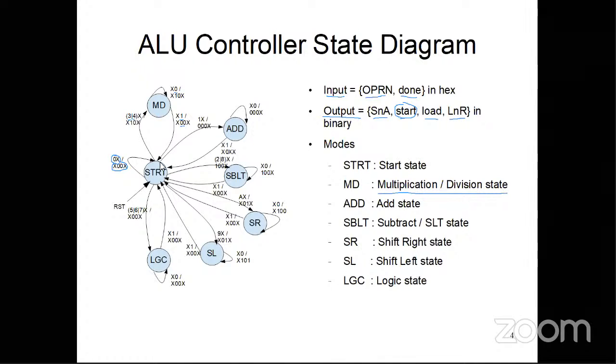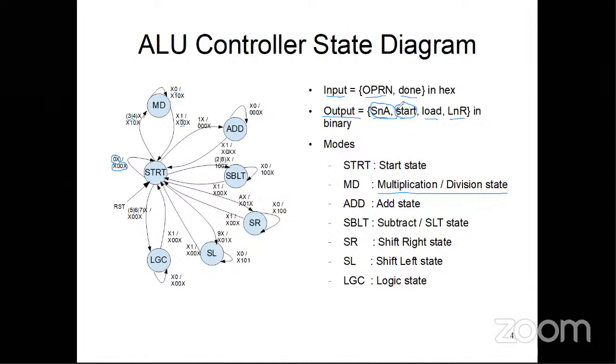Similarly, if my operation code is 1, I go to add, issuing the SNA. This is an important thing, SNA. We need to set it to add mode. I don't want to accidentally start any sequential element.